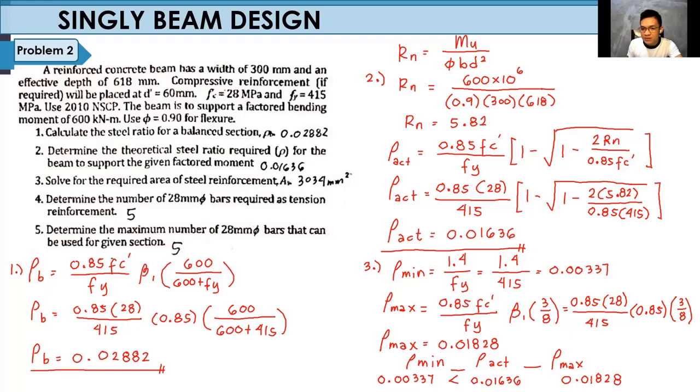Then, yung ating raw maximum is greater than sa ating raw act. So, pasok siya. Check, check. Therefore, use natin si raw actual. So, therefore, the answer is this one. You may underline: use raw actual.